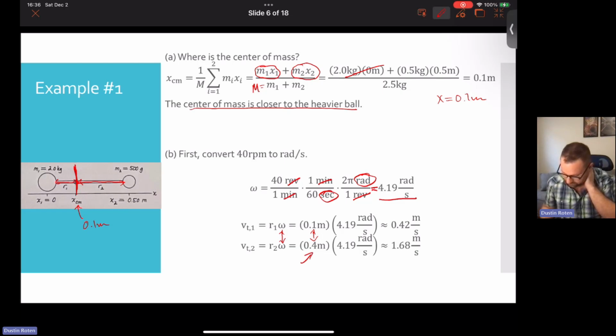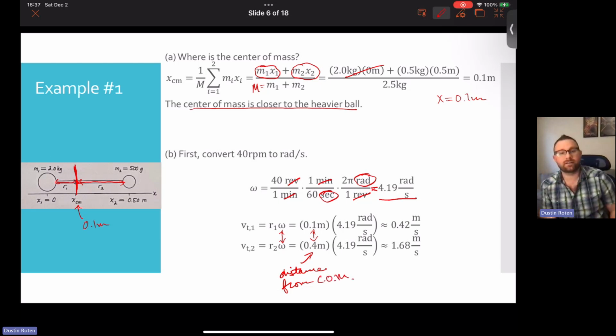Okay, we plug in these values and it looks like the first object has a smaller tangential velocity. So it's just 0.42 meters per second. And then the second object, which is farther away from the center of mass, the second ball, has a tangential velocity of 1.68 meters per second.